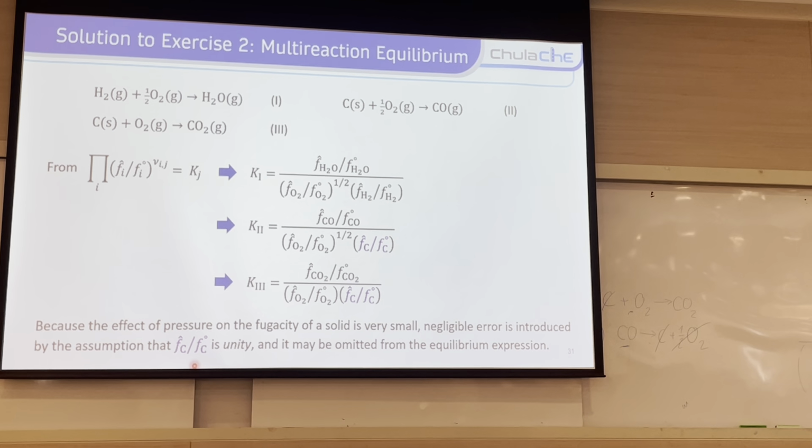So in this case, we assume that the fugacity of the carbon in solution over the fugacity of pure carbon at the standard state is equal to unity, and when it becomes unity, then we can simplify the reaction.